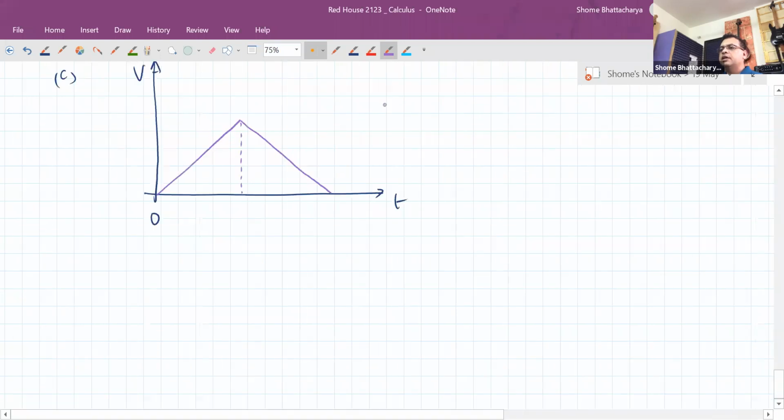So in the volume time graph, we can see that the volume had gone from 0 to 480 cc in 120 seconds, and then again came back to 0 in this. Okay, so in this 60 seconds is somewhere over here, and at 60 seconds you can see that the volume would be exactly half of this, 240 cc.